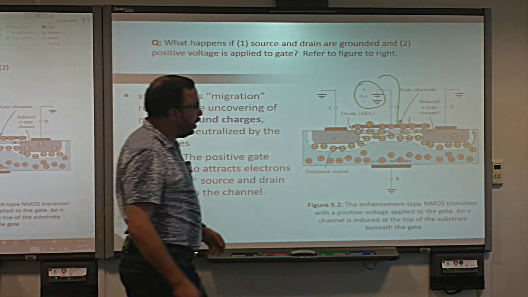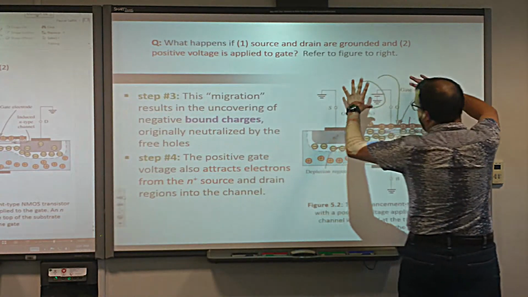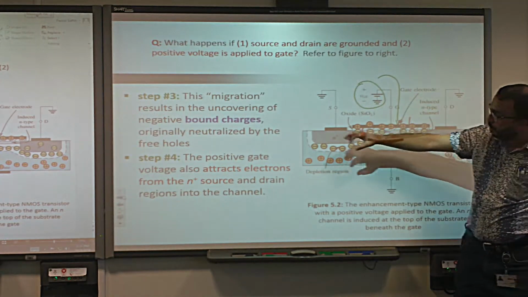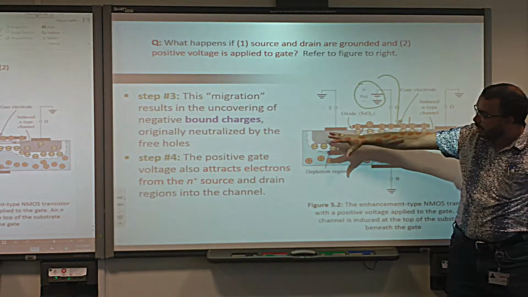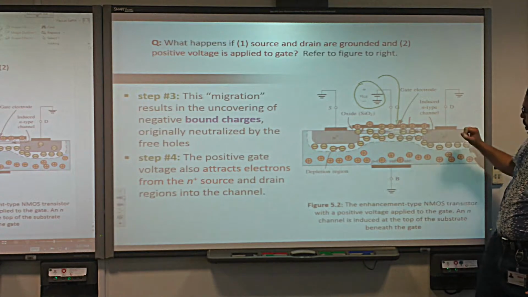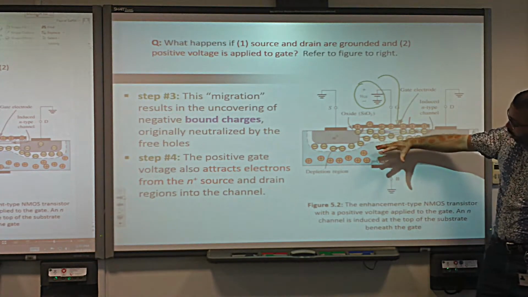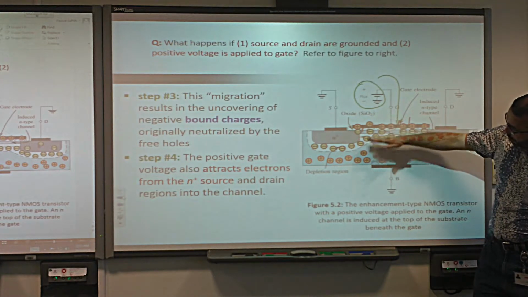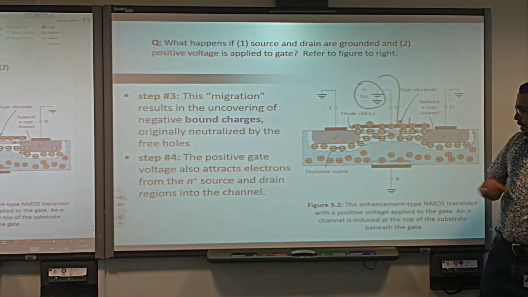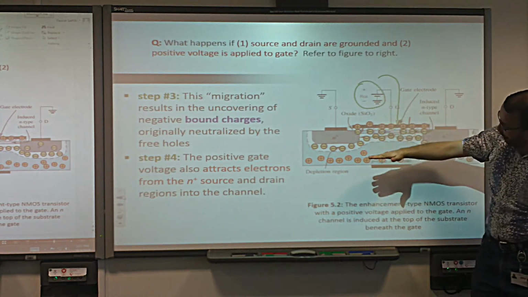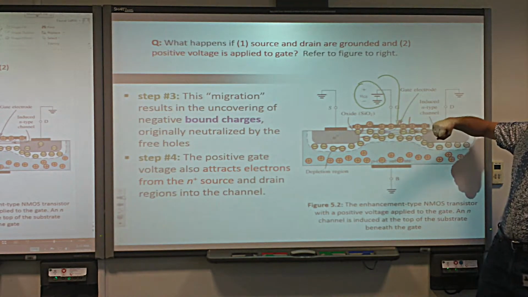But if we keep increasing the electric field, that electric field will also be able to attract the electrons from the diffusions, from the source and drain. And it will attract more of them from the p-type, because as we increase the field, the depletion region will go deeper. So we'll collect more electrons, yes or no?